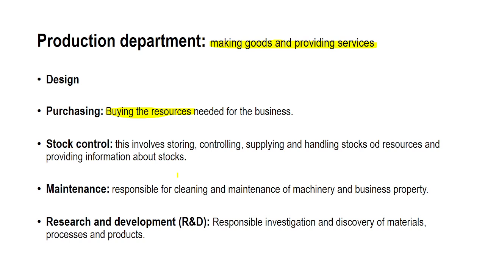Next is maintenance, that is responsible for cleaning, maintenance of machinery, and business property. And finally, research and development, or R&D, that is responsible for investigation and discovery of materials, processes, and products.